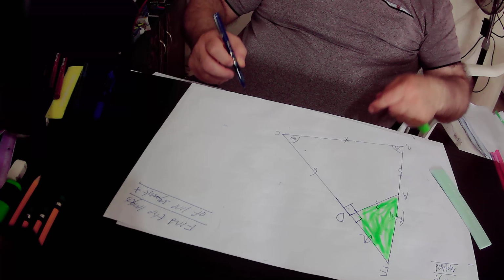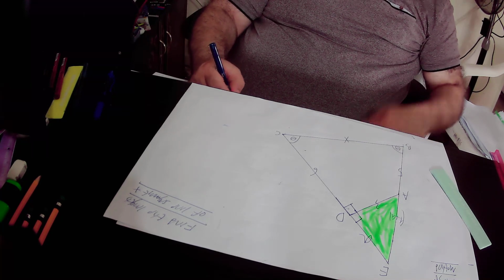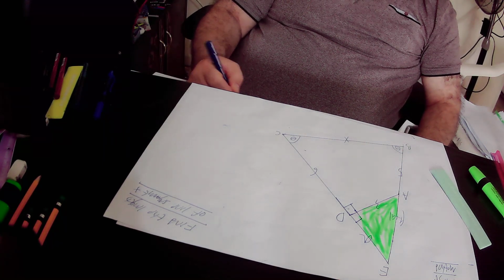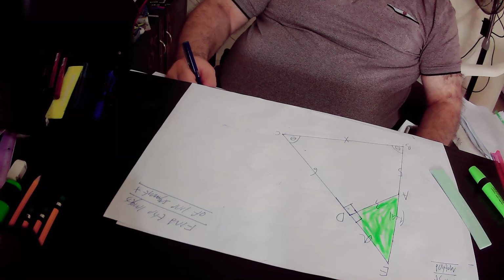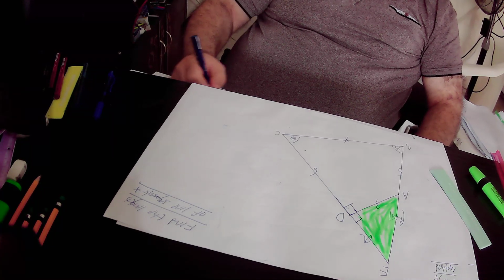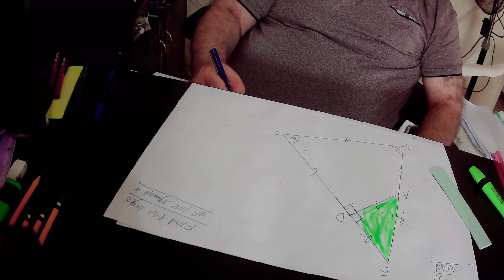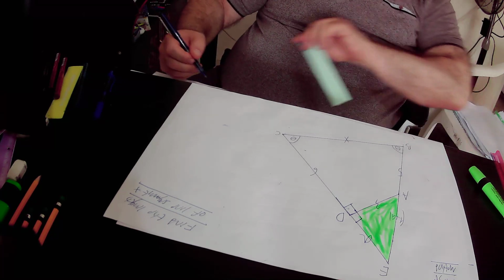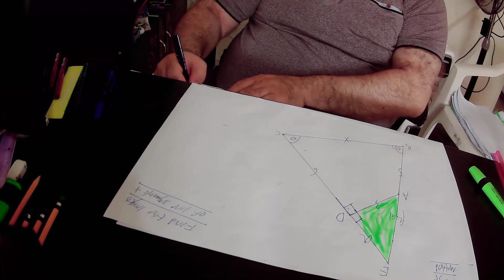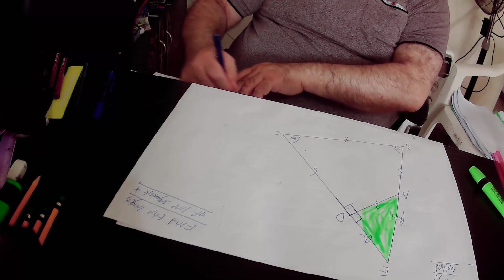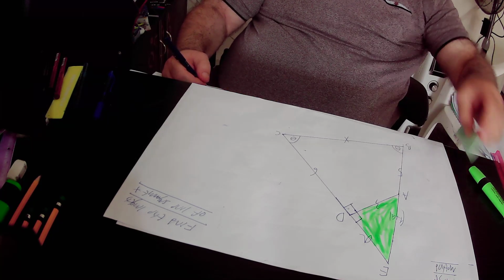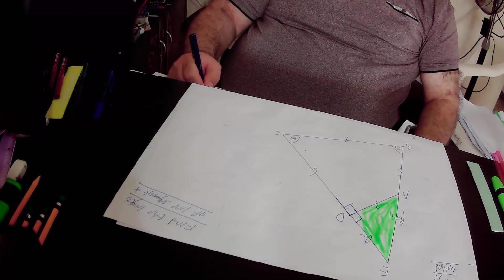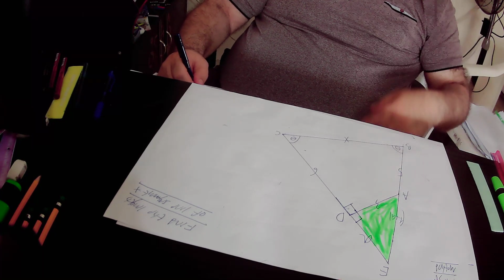The square of the hypotenuse is AE squared, and it must be equal to the sum of the squares of the perpendiculars, that is to say AD squared plus ED squared.